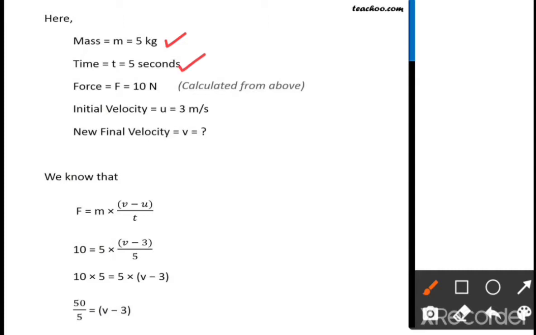The force is 10 Newton, calculated from the first one. Initial velocity 3 meter per second. Final velocity we have to calculate. We know the formula F equal to m (v minus u) by t. The value of F is 10. The value of m is 5. The value of v we have to calculate. The value of u is 3, and t is 5.